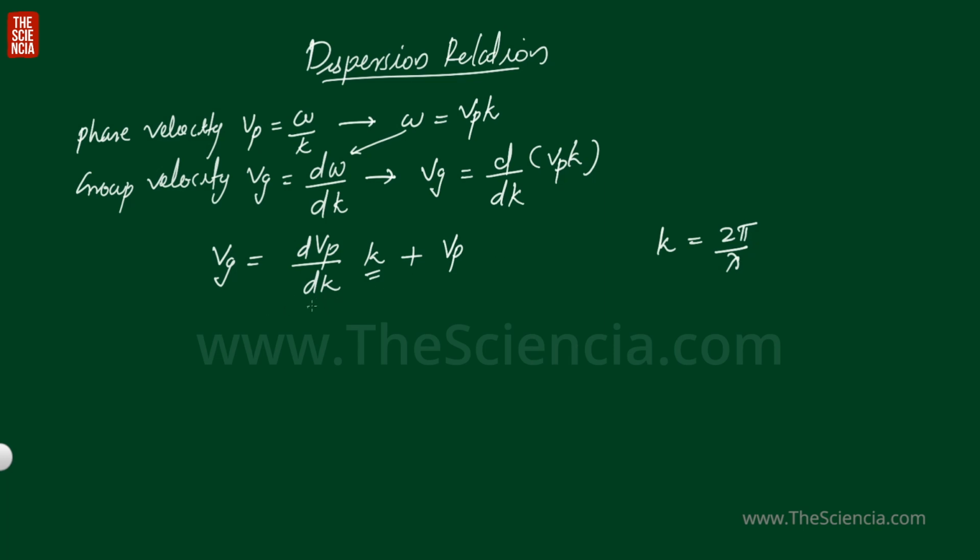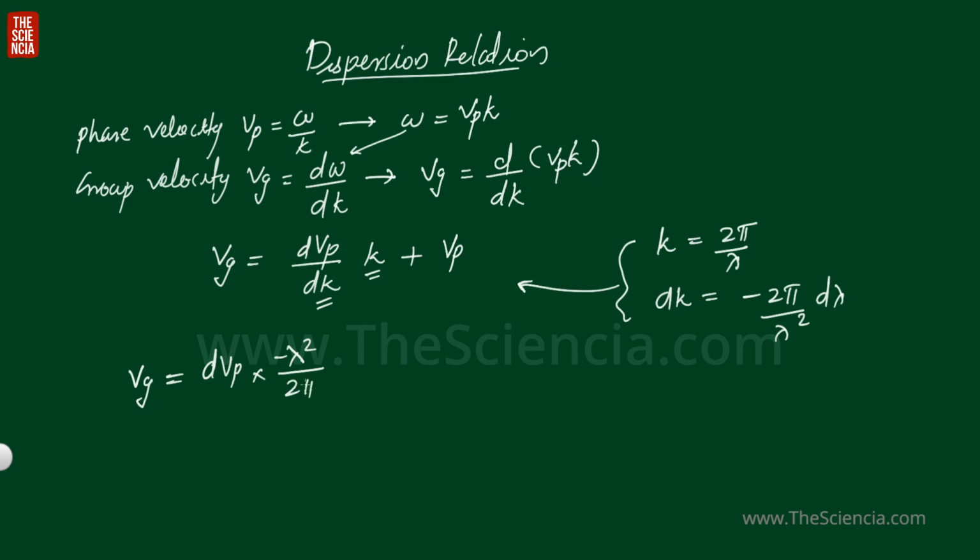So from this relation we can find the dk value, that is dk will be equal to minus 2 pi by lambda square into d lambda. Now I am going to substitute these two values in this equation. So what we get? We get Vg is equal to dVp by dk, that is minus lambda square by 2 pi d lambda, into k is 2 pi by lambda, plus Vp.